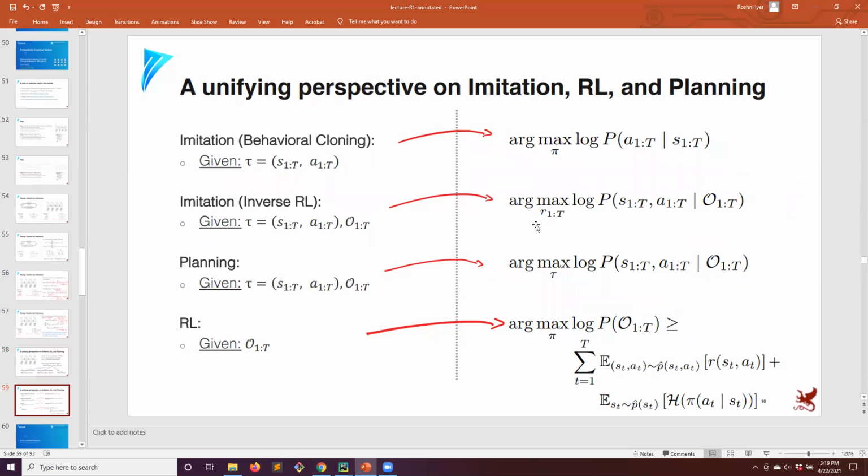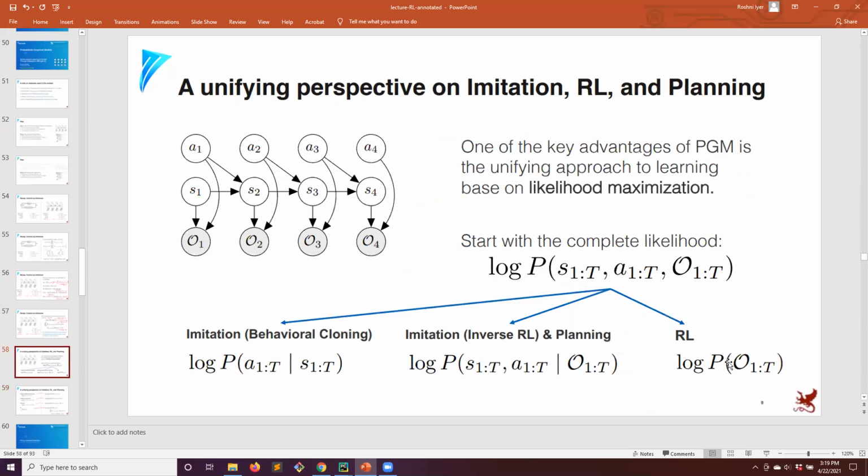And this is the objective. In the planning case, we also have tau and the optimality variables. So it's this one here. And in the RL case, we just saw this, but we just have these optimality variables, and then we try to do this log P of this.